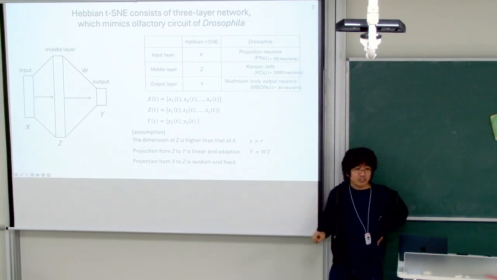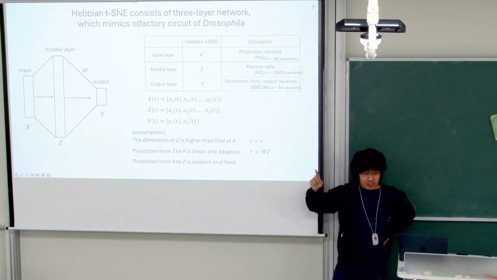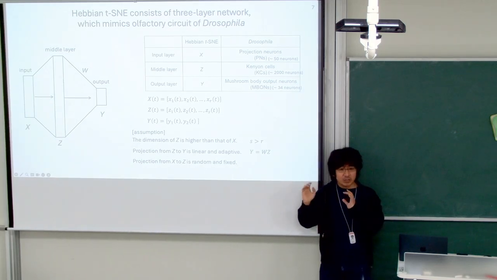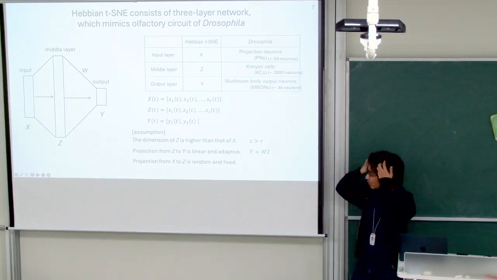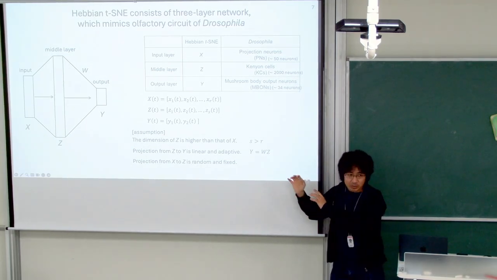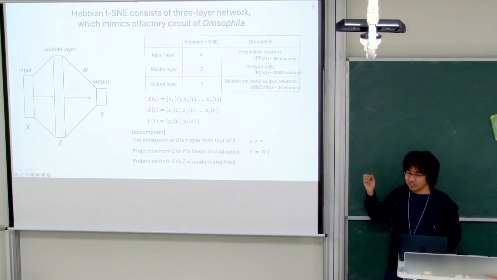W is the weight matrix, and the weight matrix W is updated to minimize some cost function. I will explain that later.